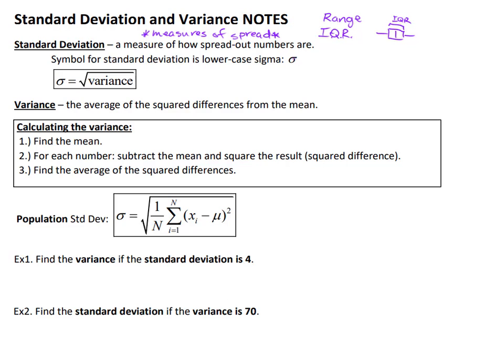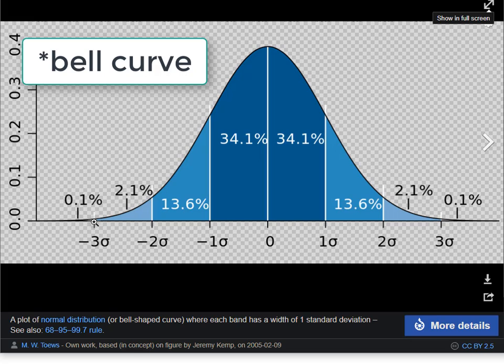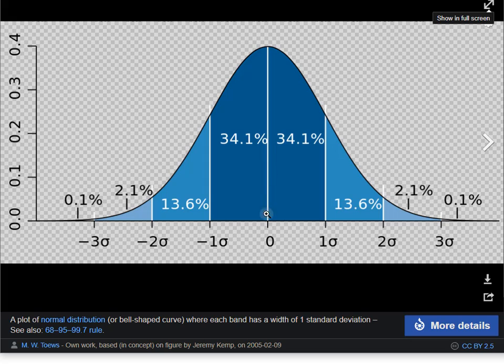For now, the important part is that standard deviation gives us an idea, if we have data that's somewhat normally distributed. If you look at this chart, this is called a bell chart, so we have kind of evenly distributed data. When you are one standard deviation from the mean, above and below, and this middle line would be the mean or the average, that is roughly 68% in this rule down here. 68% of our data is within one standard deviation from the mean.